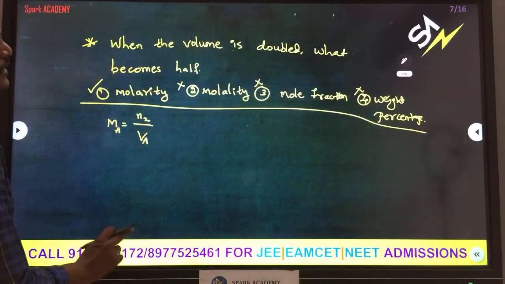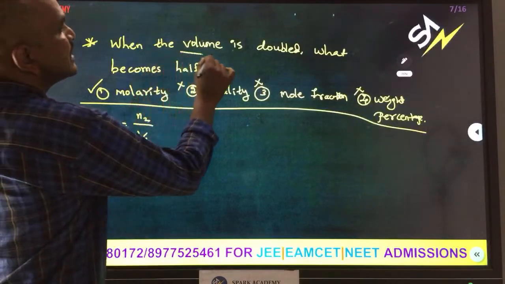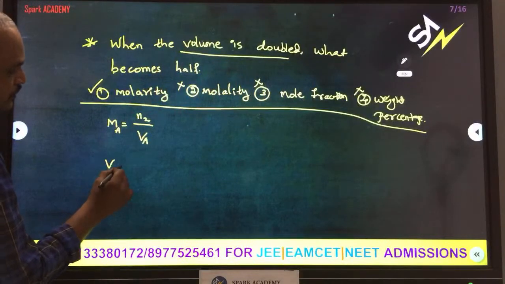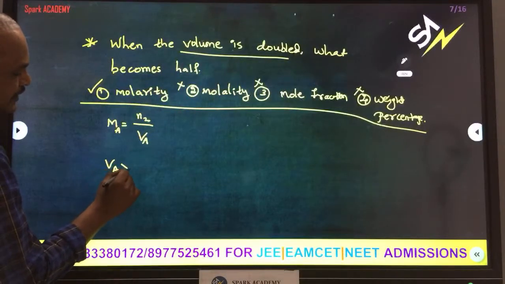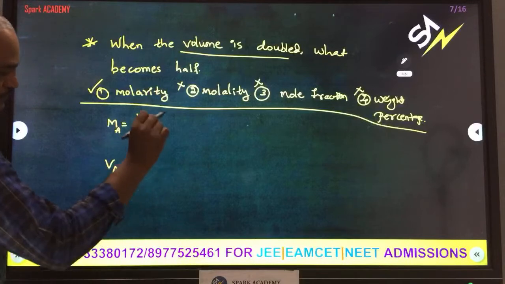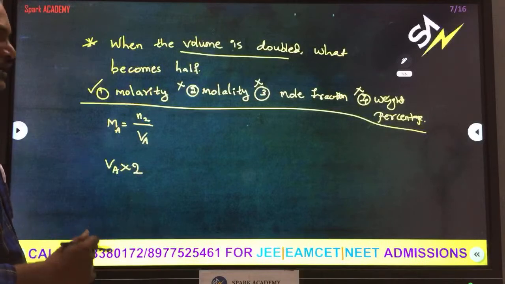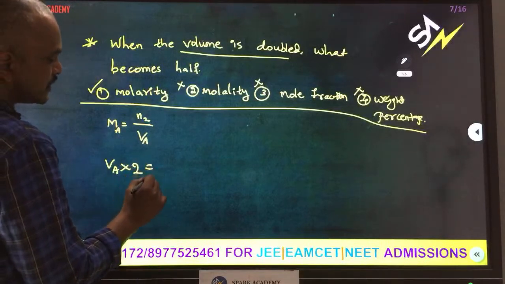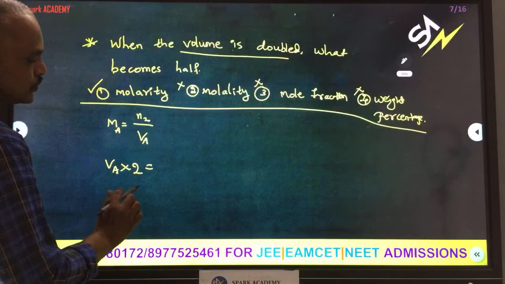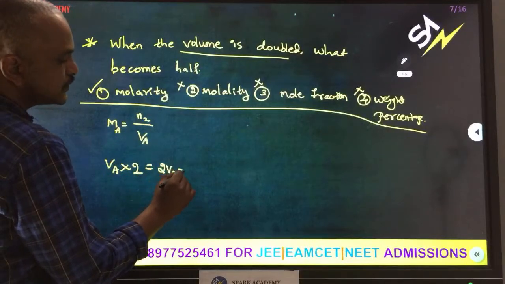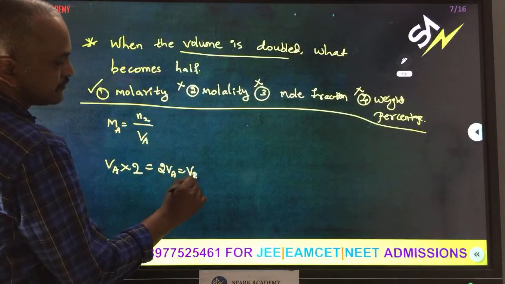Now what happened here? The volume is doubled. Volume is doubled means the Va is doubled here. Okay, doubled means it is multiplied by 2. That's good. So what comes here? Va into 2, that is 2Va. This one I am taking as Vb.